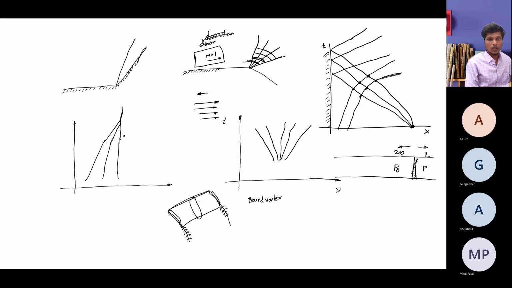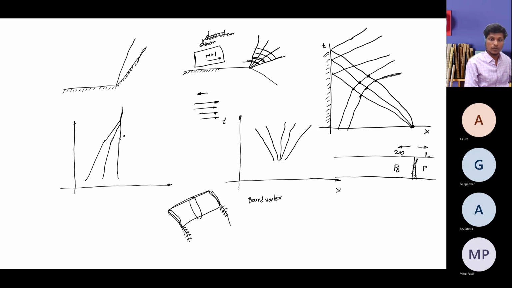For modeling the bound vortex, they started using this vortex filament. And then these two trailing vortices. They tried this because it cannot end in the free stream. If the vortex filament is there, you cannot stop the vortex filament in the flow. It always continues.